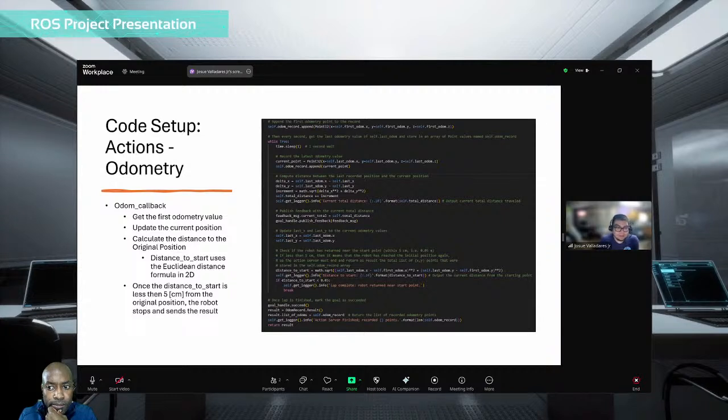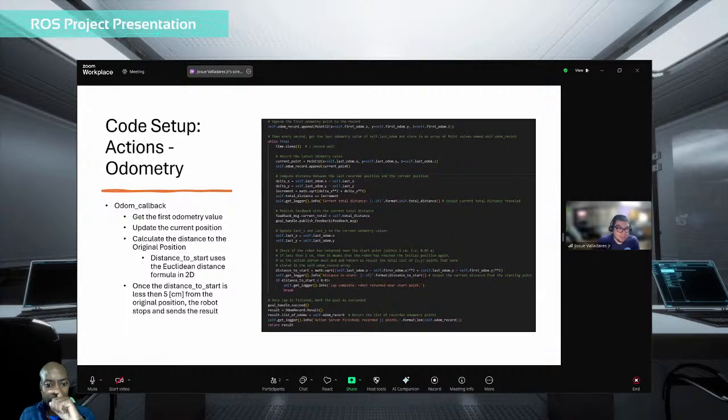To find out the distance we've traveled, we use the Euclidean distance formula in 2D, which is, I believe, the square root of the current distance minus the first distance, squared, and then square rooted, kind of like a triangle.